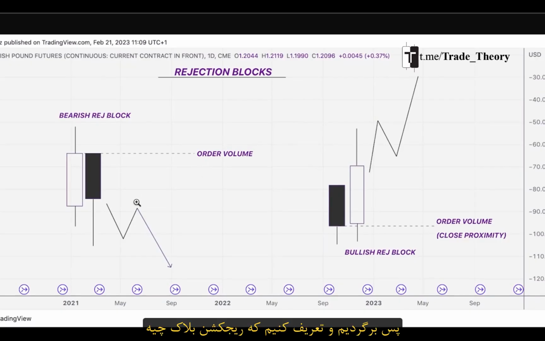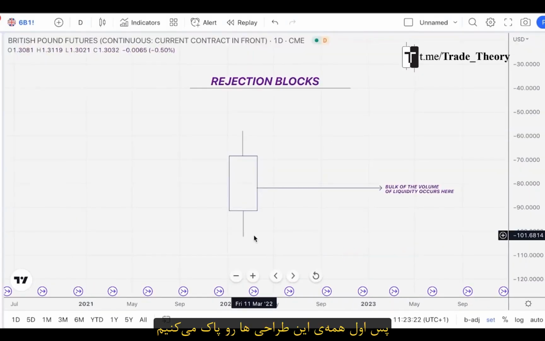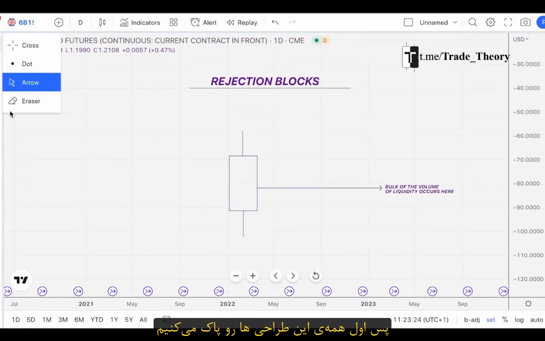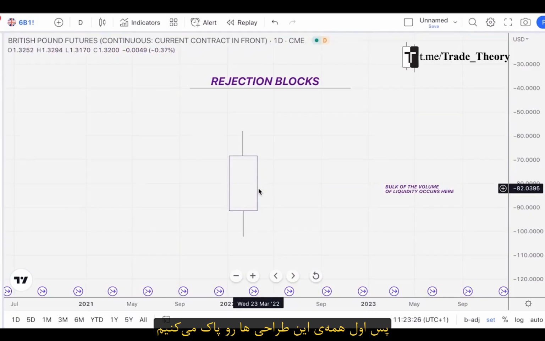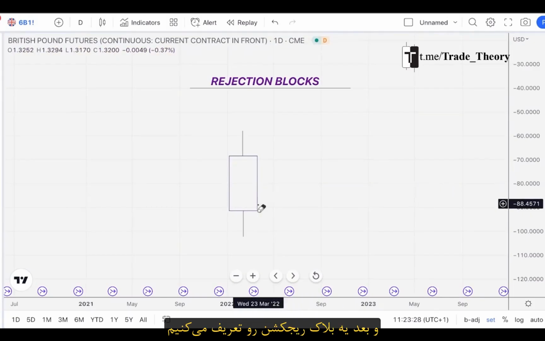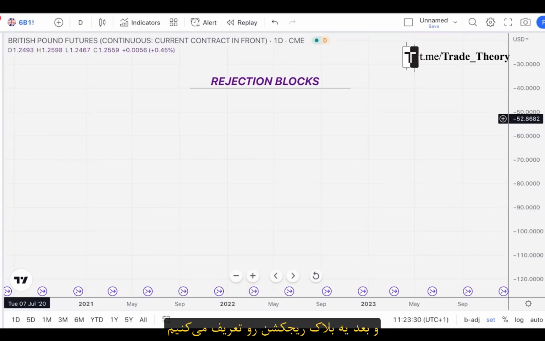So now let's go back and define what a rejection block is. We're going to clear out all of these drawings here, and we're going to define a rejection block.